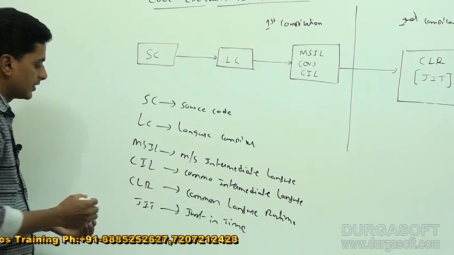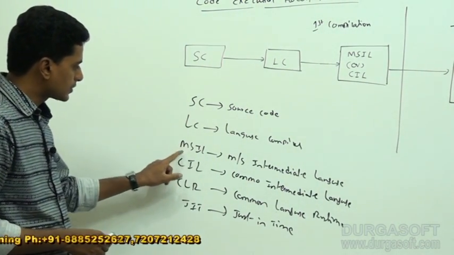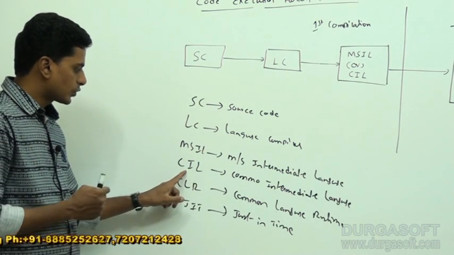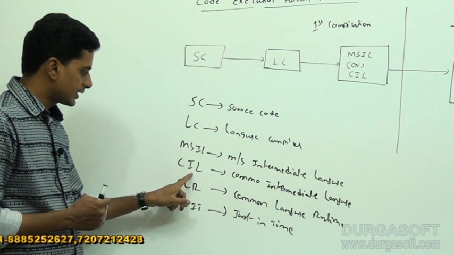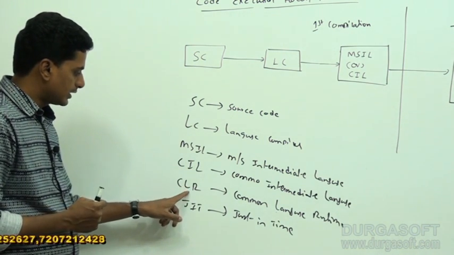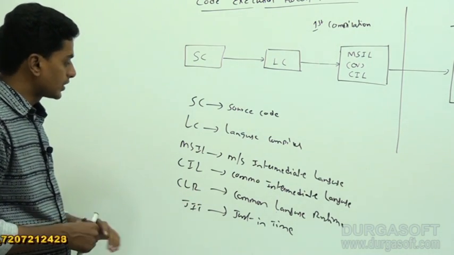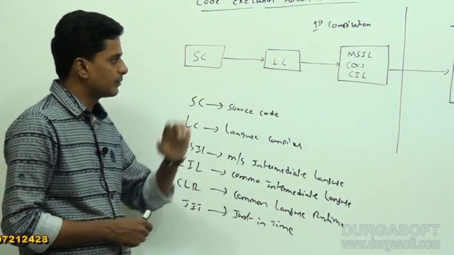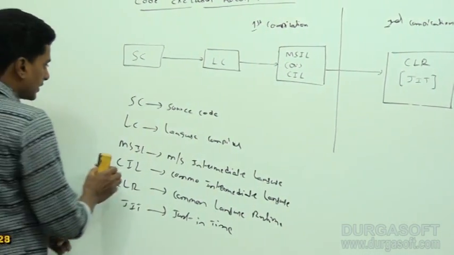These are the abbreviations of all those things: source code, language compiler, Microsoft Intermediate Language. It is also called CIL, Common Intermediate Language, and also IL code, Intermediate Language code. And CLR is the main component in .NET, Common Language Runtime, and the just-in-time compiler is the second compilation, which is responsible for converting that MSIL code into native code. So this is the code execution process in .NET, right?